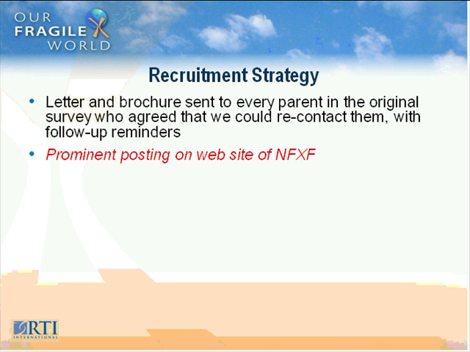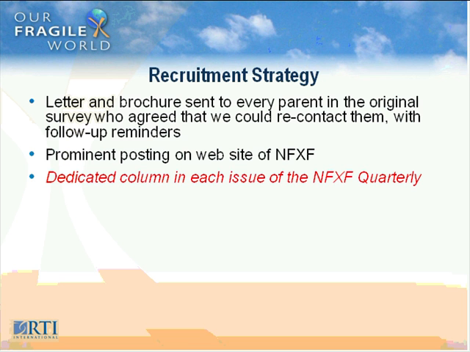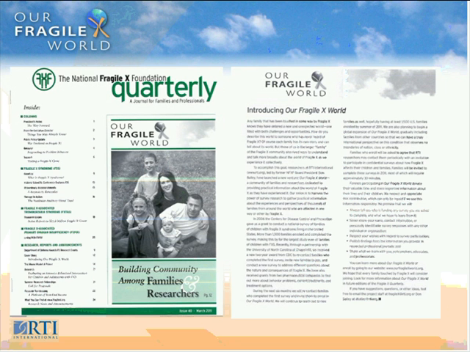The foundation has done a prominent posting on its website. This is one of the rotating pictures on the website, so every 2 or 3 pictures that come up, it's our Fragile X World, with an immediate link to our website. Also, Robbie has graciously agreed to have a dedicated column in each issue of the National Fragile X Foundation Quarterly.